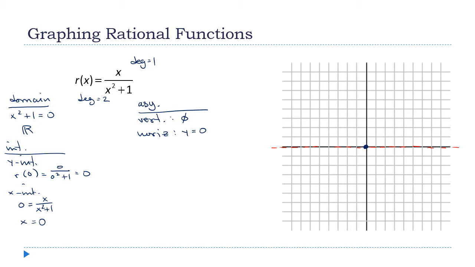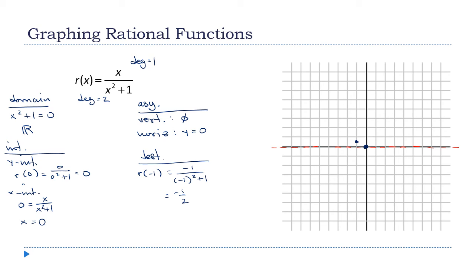Let's do some tests. Let's do r of -1. That's -1 over -1 squared plus 1, which is -1/2. Okay, excellent. So we're going to -1 and -1/2. That tells me the left-hand side.